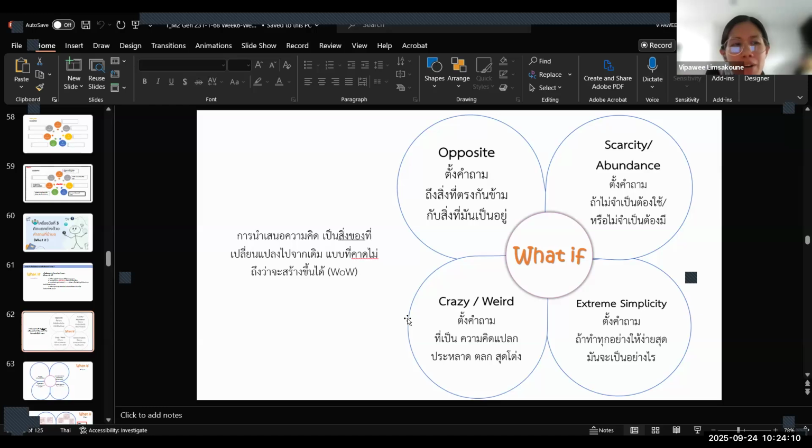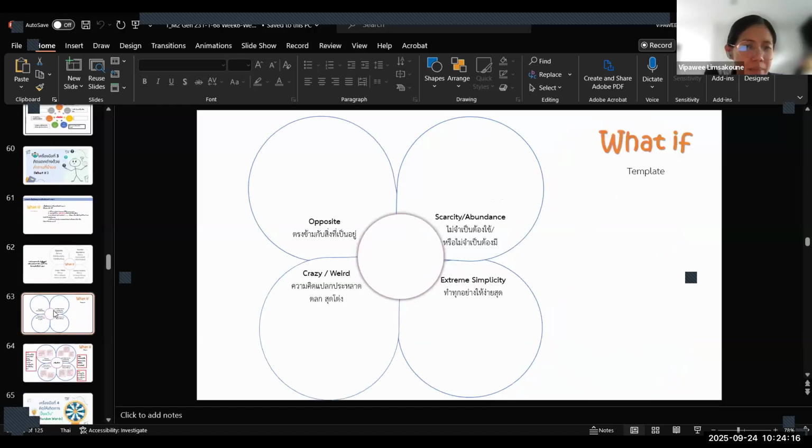I will teach you about the consequence matrix later on. This is the template of it, and you can use mine or a new one. I don't mind. It doesn't have to be a circle, as long as you have the topic.